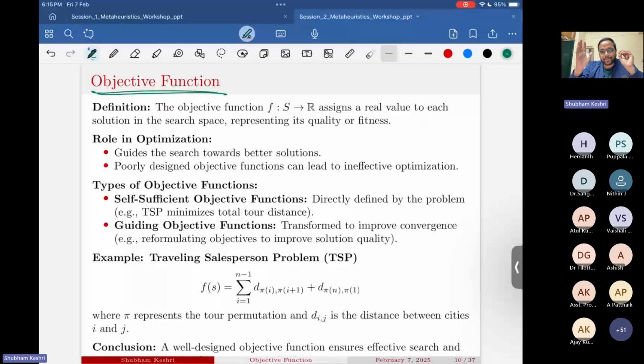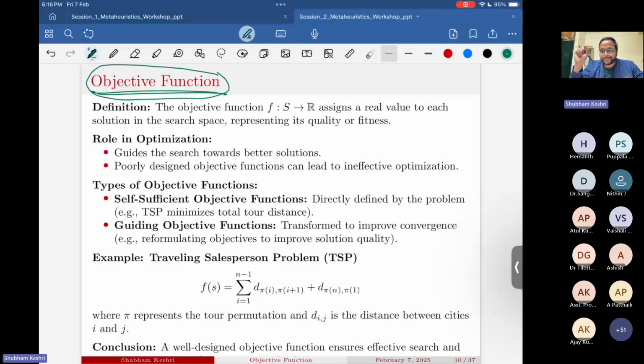So how does a single solution metaheuristic work? It starts from a single solution. It checks some solutions around it. It moves to that solution if it has a better objective function. And then again, it checks some solutions around it and moves to another solution, and so on. So at a time, it moves to better and better solutions. So it is evaluating the objective function at that point.